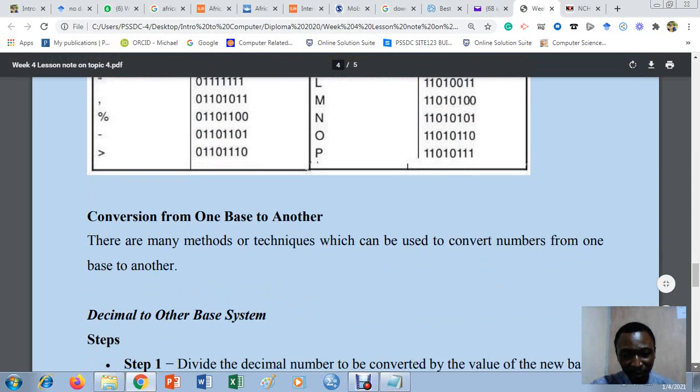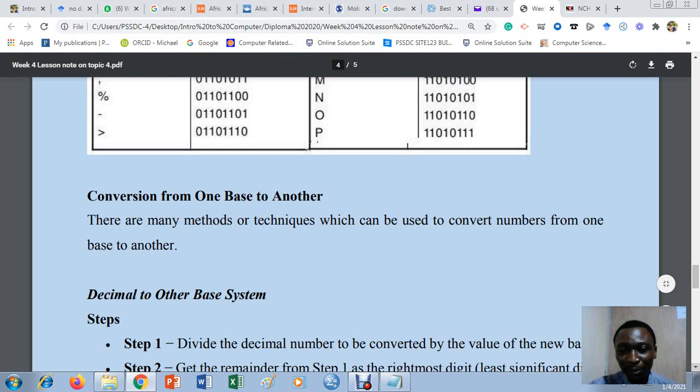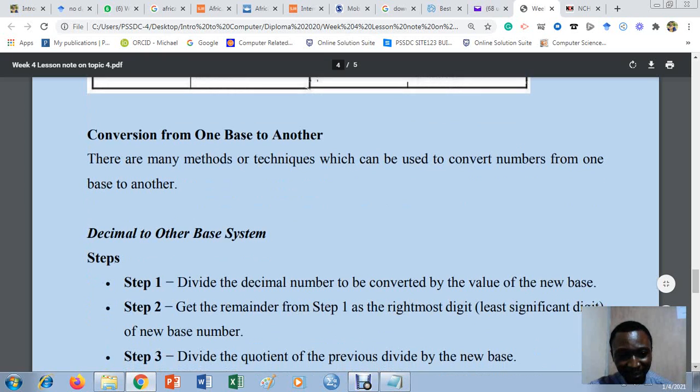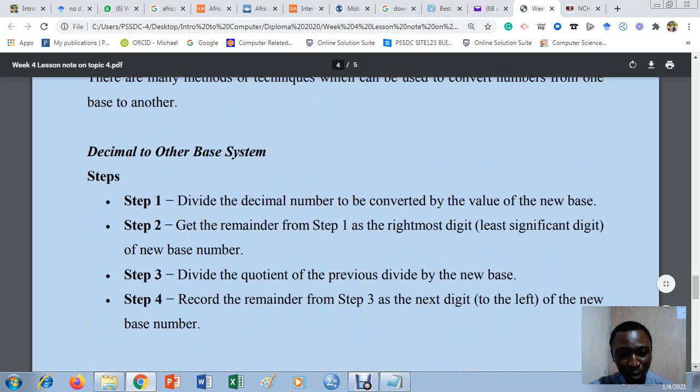So let's move further. That is all about that. Let's quickly look at the conversion before we call it a day. Conversion from one base to another. There are many techniques or methods which you can use to convert numbers from one base to another. These are the steps which I want you to understand very well, because you are going to be converting from one base to another.